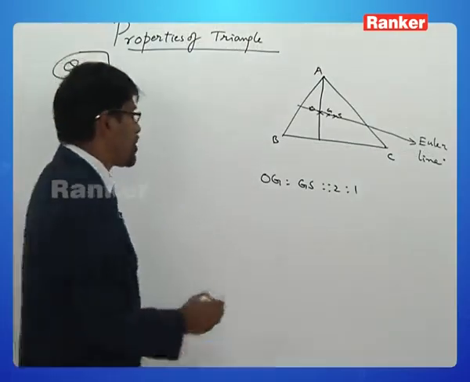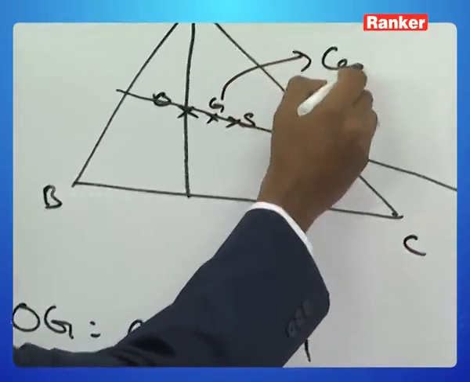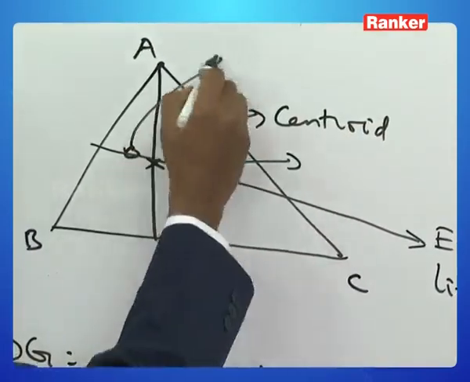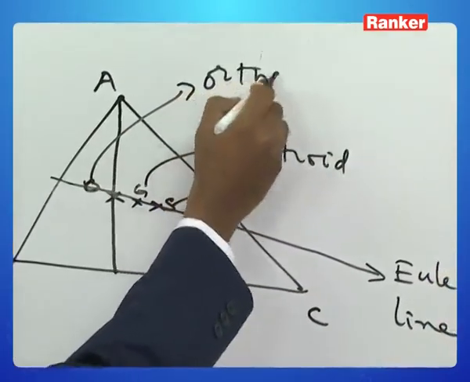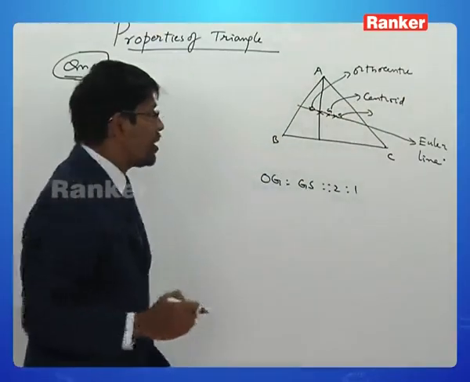What is O? Orthocenter. G is the centroid, and S is the circumcenter. Orthocenter, centroid, circumcenter.